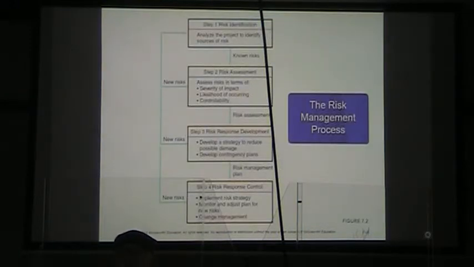All right, so here is our risk management process. The first step is risk identification. We're going to look at our project and say, what are sources of risk? Now, we can go really wild to where we have so many risks written down, and some of them are such low probability that they really don't make a lot of difference.